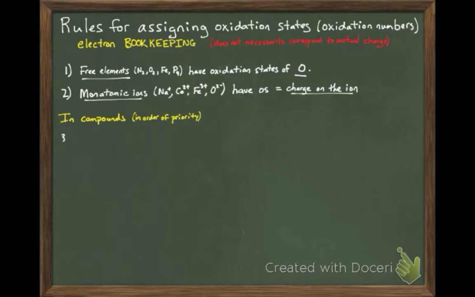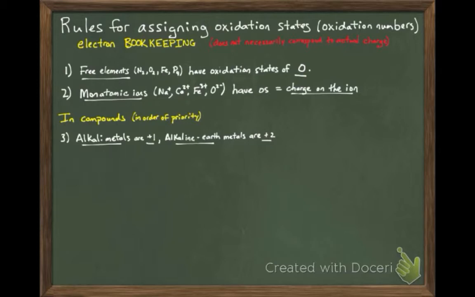In compounds, number 3 of the rules, alkali metals are always +1, and alkaline earth metals are always +2. Okay, so if you see a lithium or sodium, potassium in a compound, you always assign its oxidation state +1.